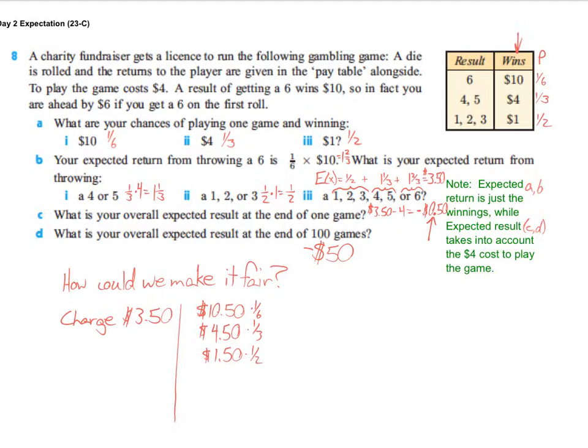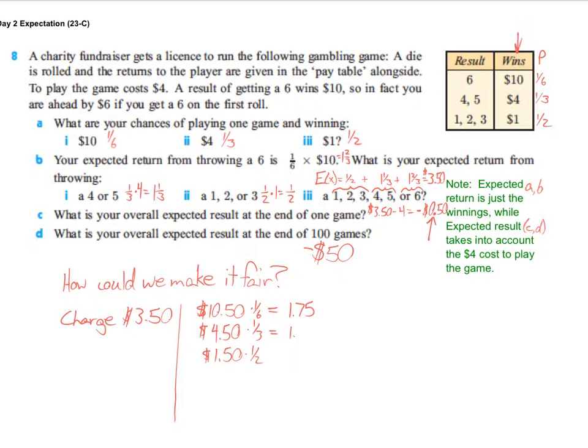This actually does work. If you shift all the data up 50 cents, it's going to increase your mean 50 cents. So that works. I think this comes out to 175.